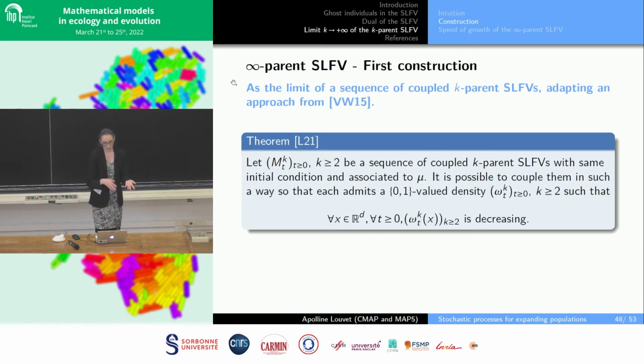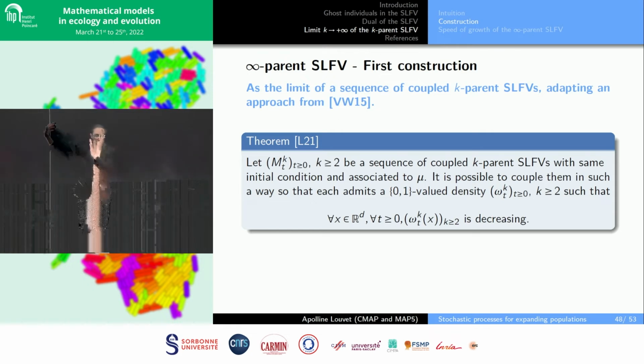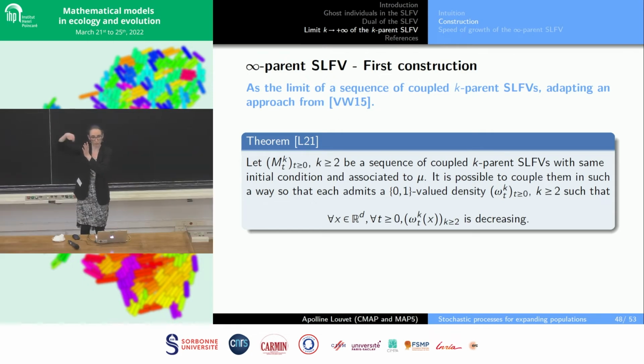The first construction is as the limit of a sequence of coupled k-parent SLFVs, which adapts an approach from the article of Véber and Wakolbinger, where we extend the Poisson point process in order to sample, at the same time as the reproduction event, all the locations for the potential parents.